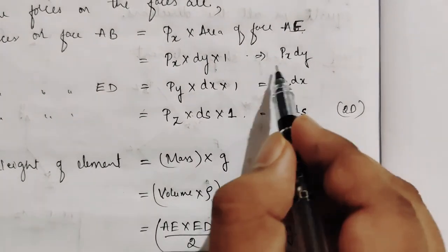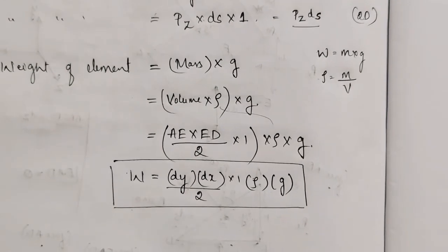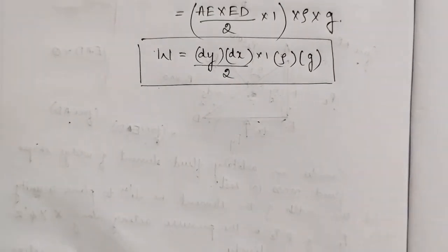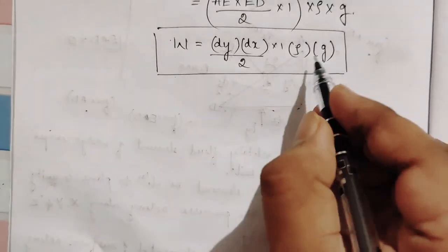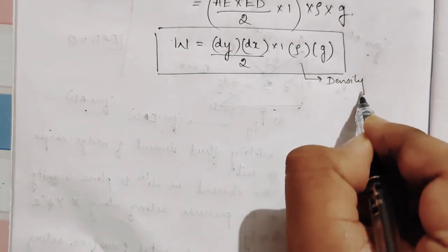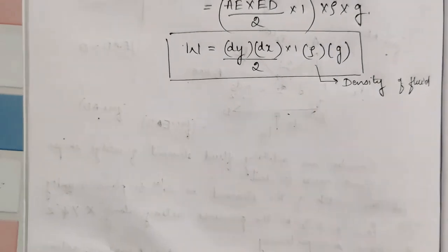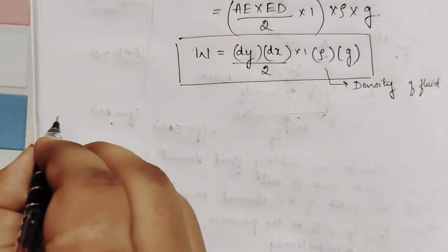So I have the forces on each face and I have the weight. Now what will I do? Simple thing, I'll just equate the forces. Here rho is the density of fluid. Now I'll resolve the forces in each direction.